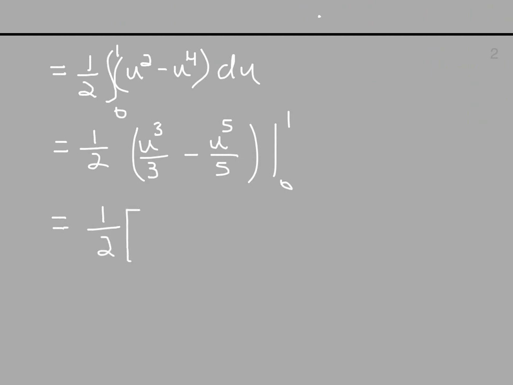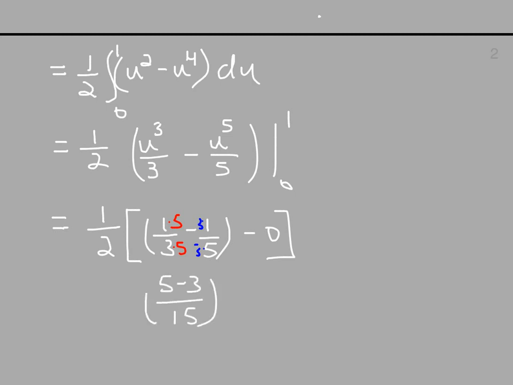The upper limit is a third minus a fifth, and conveniently the lower limit is 0. And so the common denominator is 15, and we get 5 minus 3 of those 15s, and that whole thing is times a half.